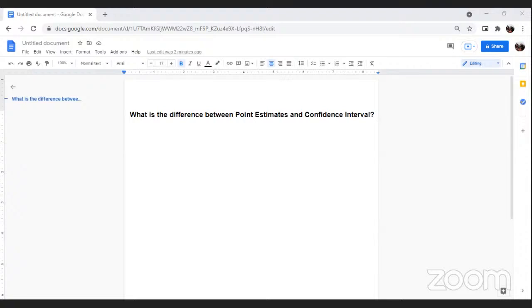Coming to confidence interval, it gives the range of values which is likely to contain the population parameter. Confidence interval is generally preferred as it tells us how likely this interval is to contain the population parameter.